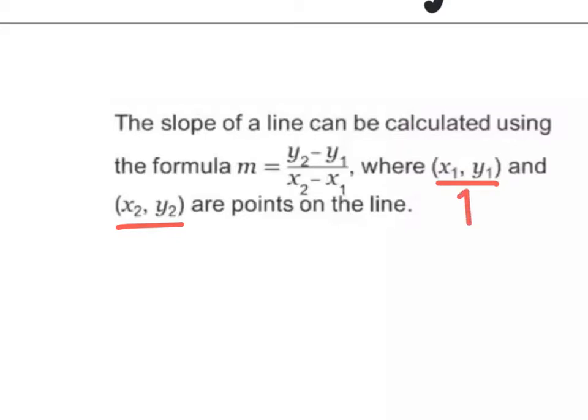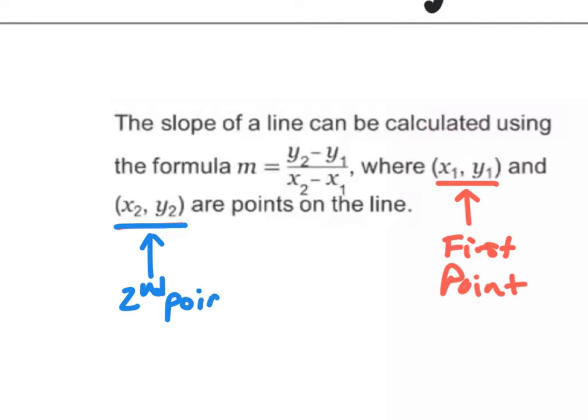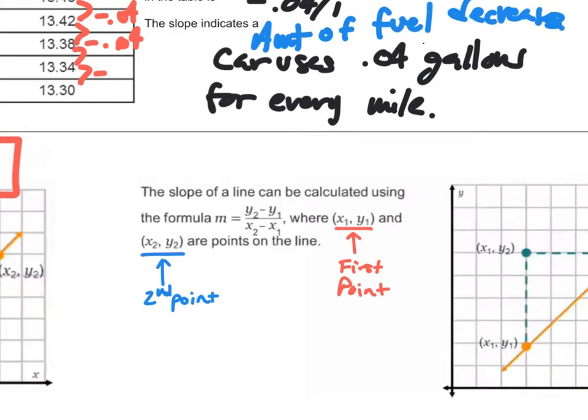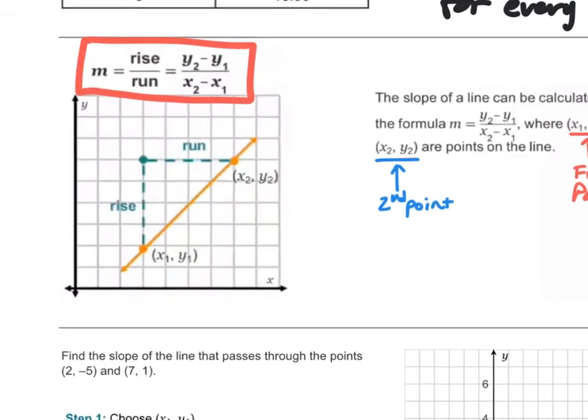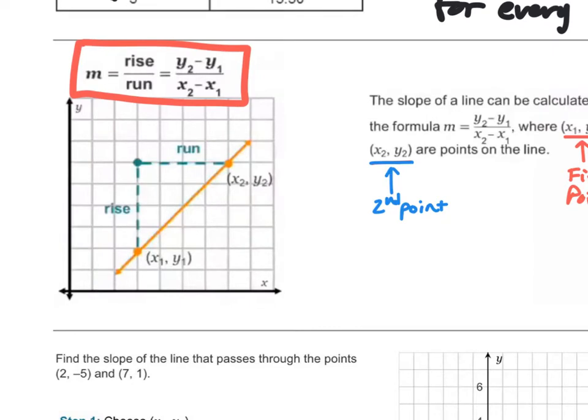Now this is the first point, and that's indicated by the little ones below the x and the y. And this value over here, I'm going to make this a different color, is the second point. We use this formula because what we want to do is calculate the distance here, the rise.